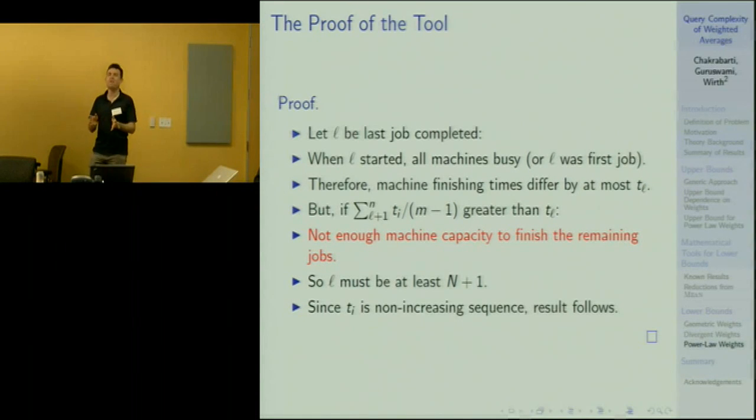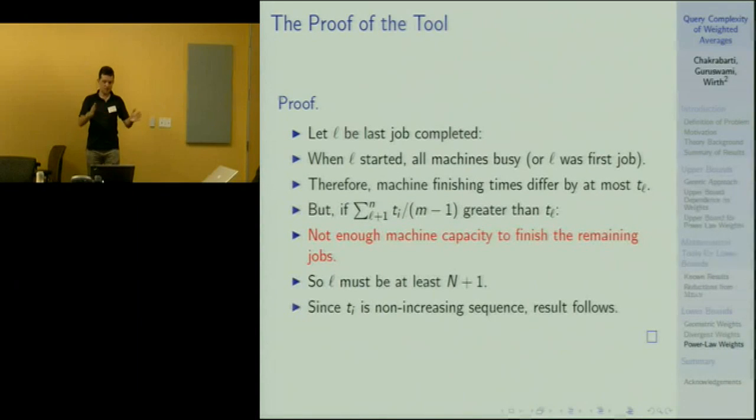So, okay, here's what happens. Consider the last job that finishes. When that job started, all the machines were busy, or perhaps that was the very first job. Now imagine that you've got this large tail of jobs that you still have to do, and that large tail divided by m minus 1 is still greater than the duration of the current job.